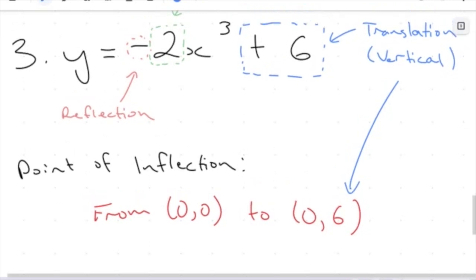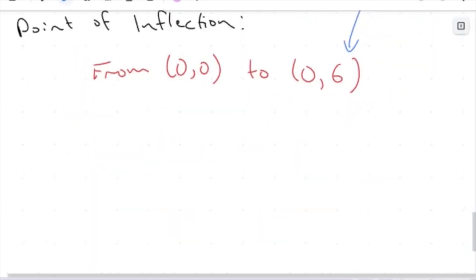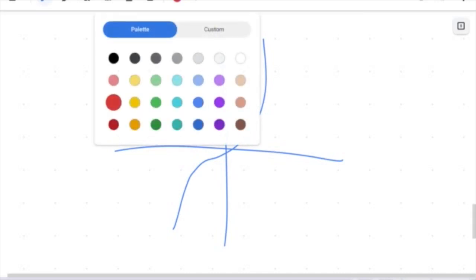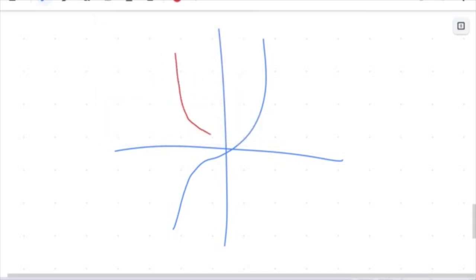Now, this is going to be a reflected cubic. So instead of looking like this, it's going to get flipped. It's going to get reflected. So it's going to look like this. And we're going to sketch that in just a minute as well.